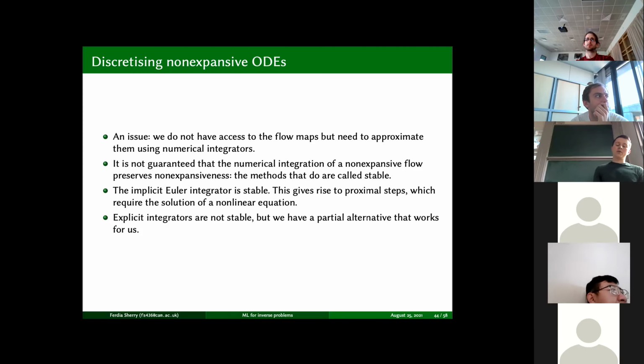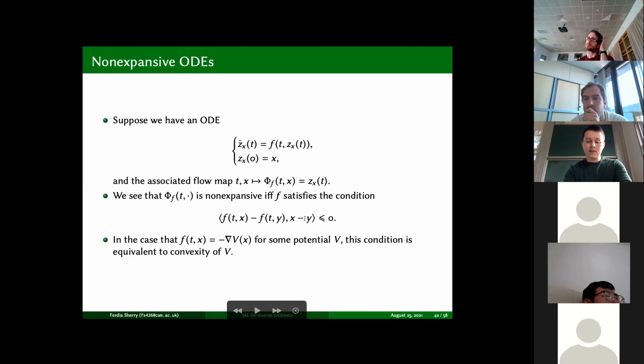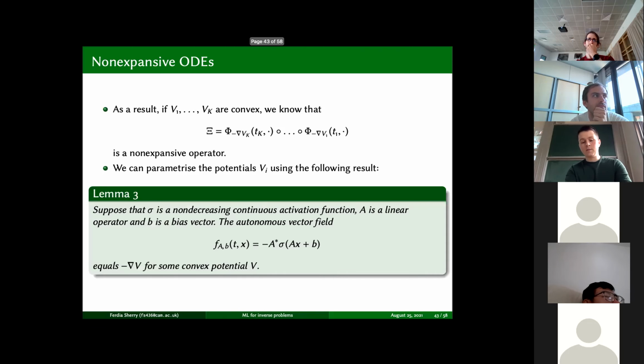People have done this, but for this to be computationally feasible, you have to severely constrain your weights, for example to be orthogonal or something like that. And one major concern is that it's well known in ODE theory that an explicit integrator is never going to be unconditionally stable.